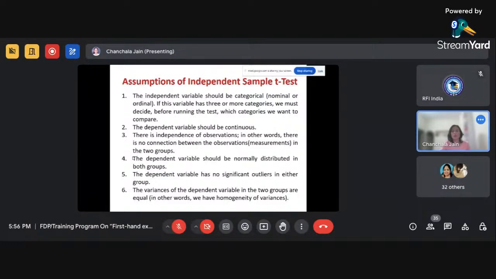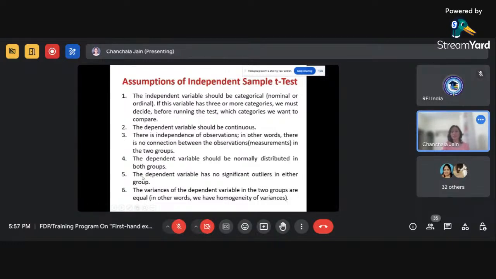That means you can collect data from one person only once. If you're collecting data from one person more than once, in that case this assumption will be violated. So these three assumptions we can check on our own. We do not need to take any help of software for this, right?